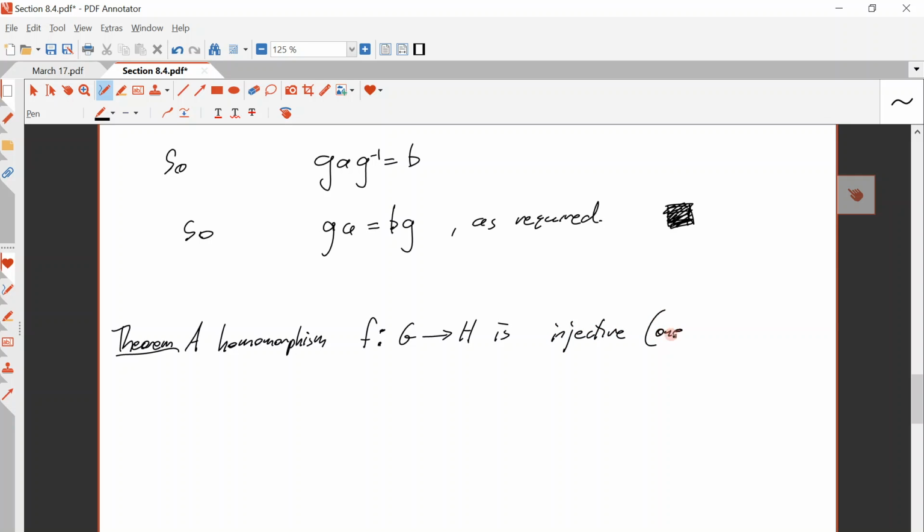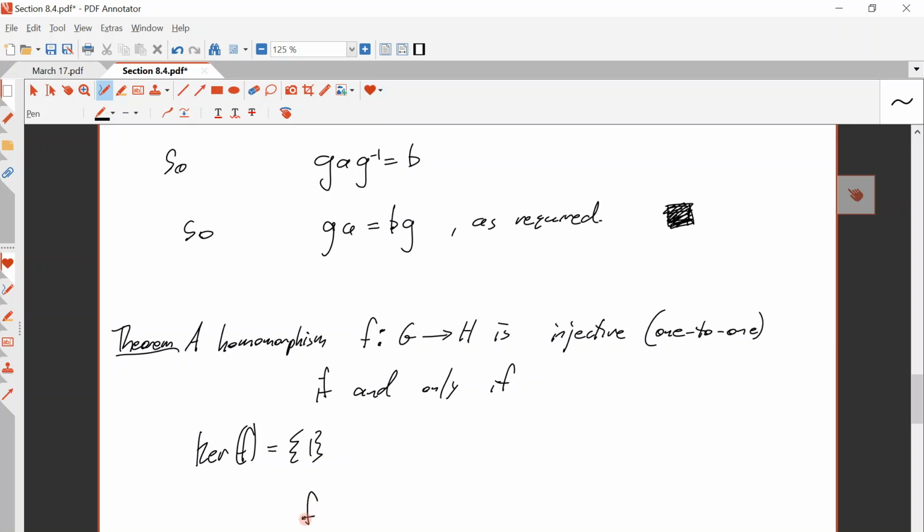That is, 1-to-1, if and only if the kernel of f is equal to just 1 by itself.